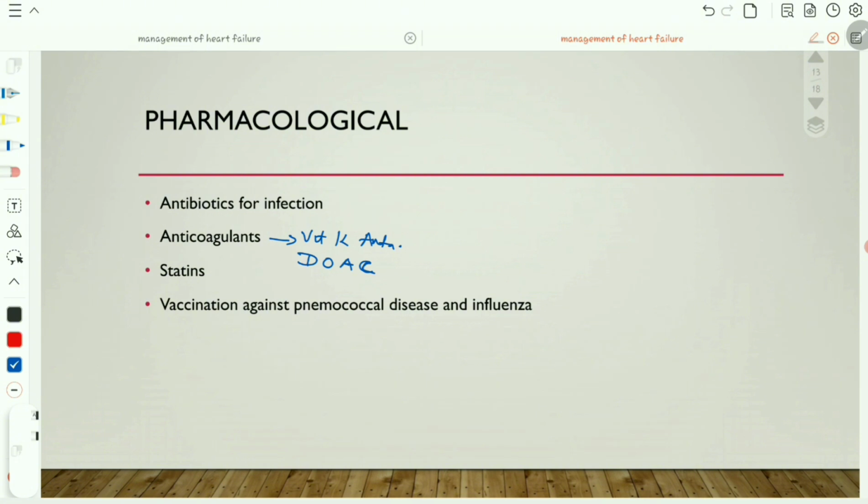An example of these direct oral anticoagulants is dabigatran. Okay. Then you also want to give statins. Your rosuvastatin is very important. It's an antilipid. Then you also want to say, sir, I also want to vaccinate this patient against pneumococcal disease and influenza. The thing is, patients with heart failure tend to come down with recurrent pneumonia from pneumococcal and influenza organisms. So you need to give vaccination against that.